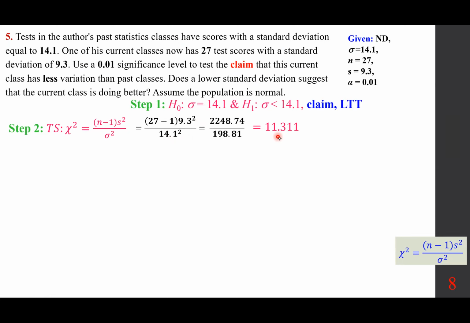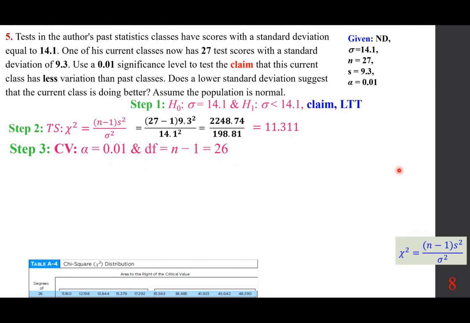The third step is the critical value. Alpha is 0.01. Degrees of freedom is n minus 1, or 26. This is a left-tail test, so the area to the left is 0.01. And remember, for chi-squared, we need the area to the right, which makes it 0.99.